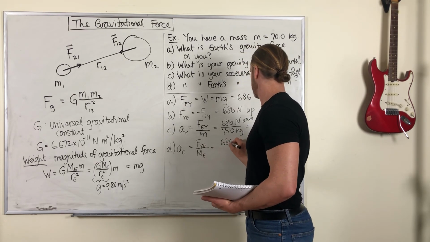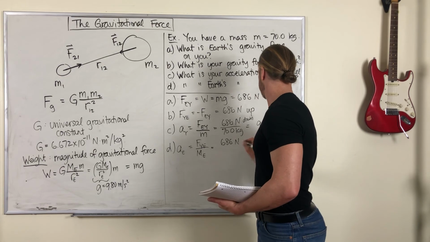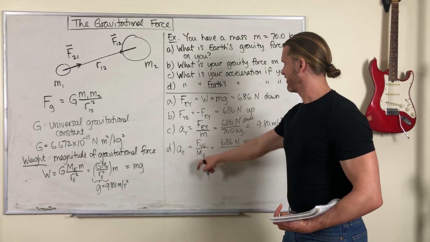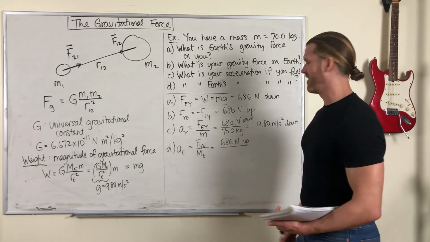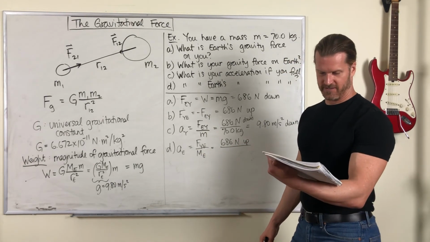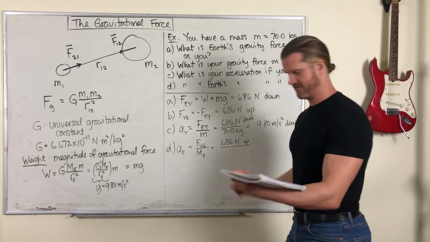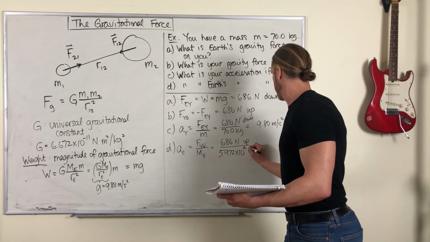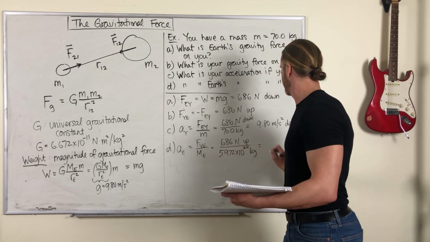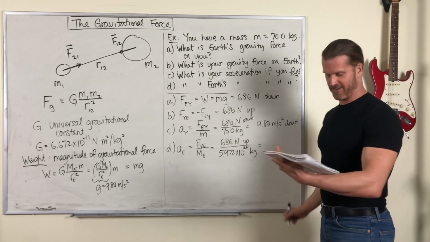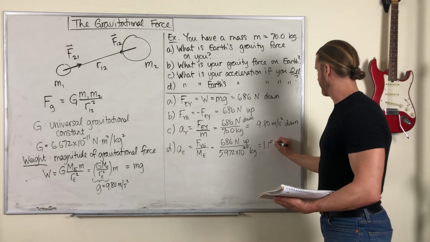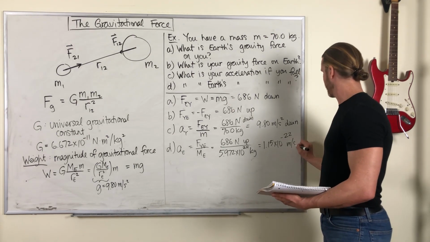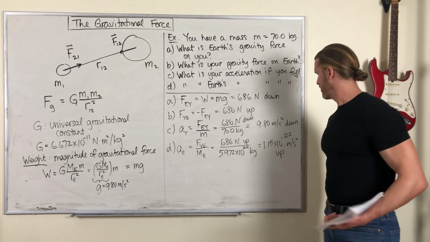It's that same magnitude of force, up this time, but the big difference is that we need to use the Earth's mass in the denominator, which is enormous. 5.972 times 10 to the 24 kilograms, which gives an acceleration of 1.15 times 10 to the negative 22 meters per second squared up.